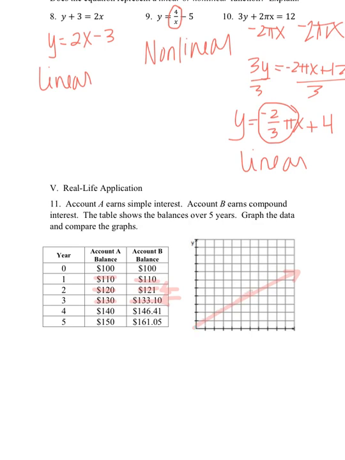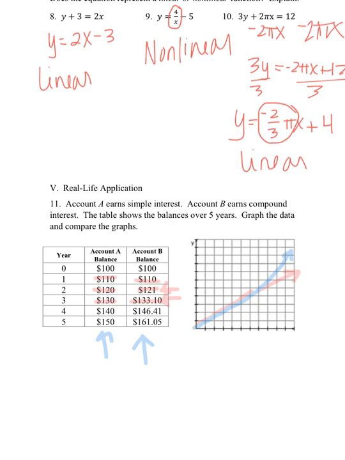So account B is going to follow the same track, but slowly it's going to escalate a little higher. So that one's considered nonlinear, since the constant rate is not the same each time. There is no constant rate of change. So account A, linear; account B, nonlinear, because your constant rate is not consistent.